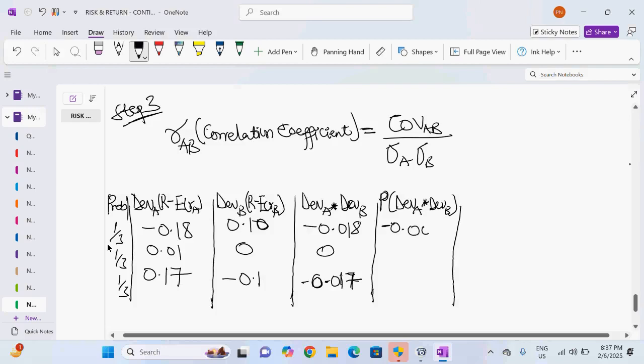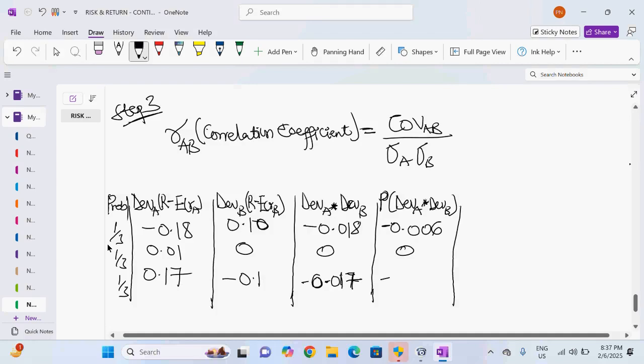Negative 0.00. Is it 6? Yes, sir. This is what? 0.